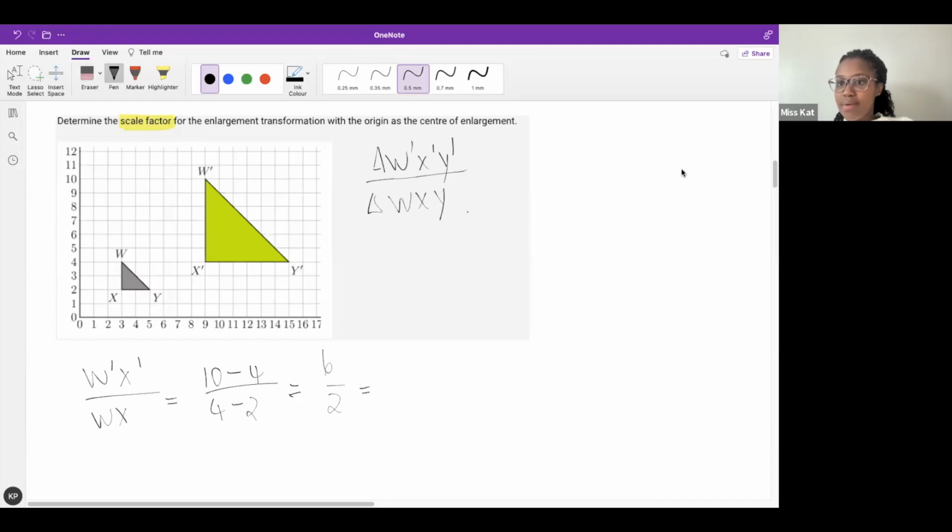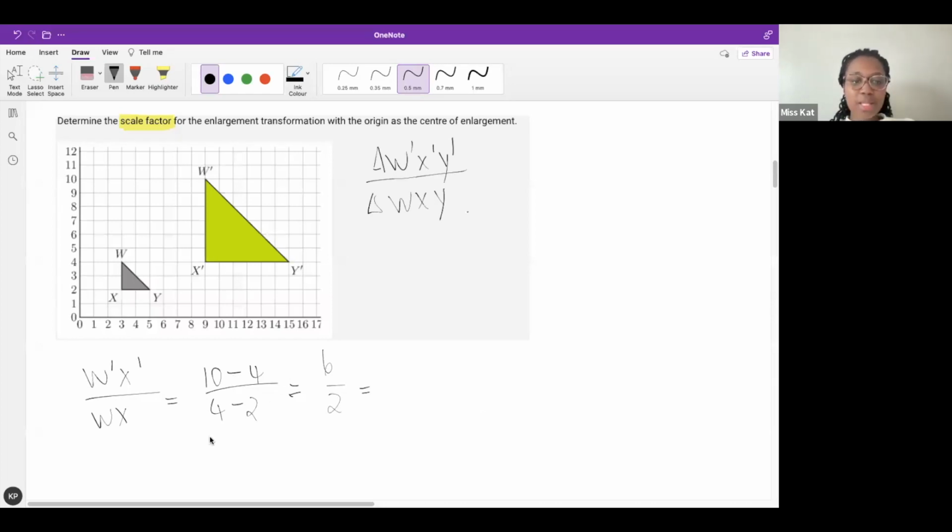Okay, Mikhail. Yes, Mikhail? Ma'am, the method I saw doing is that I looked at the original coordinates. So x was 2, and then in the bigger one x was 4. When you do it with all of them, can you just divide like that instead of counting the blocks?